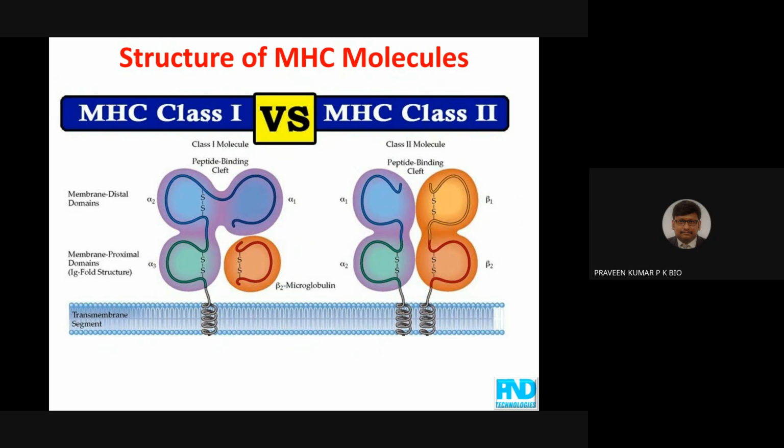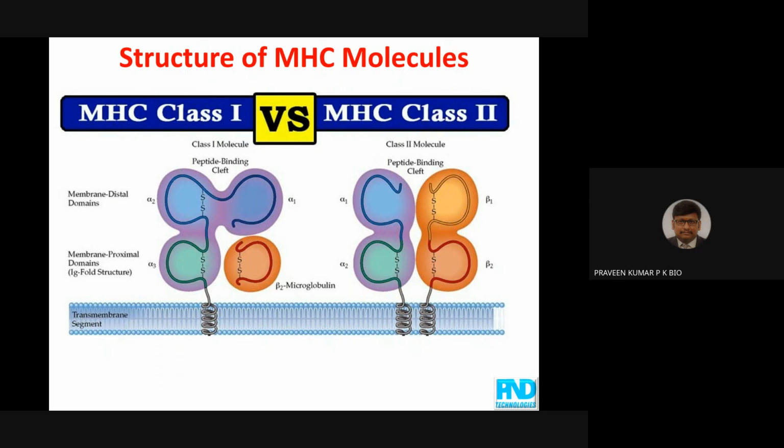In MHC molecules, we have class 1 and class 2, which are the major molecules. We also have MHC class 3, but that is generally of minor importance because it is used for complement molecule activation, which is minorly considered with respect to immunity. If you take MHC class 1 and MHC class 2, you can see the shape differences on the surface where the antigen is going to bind.